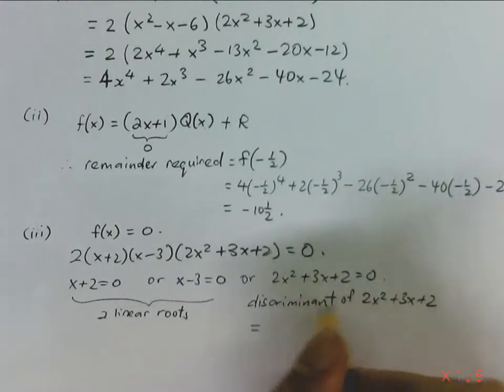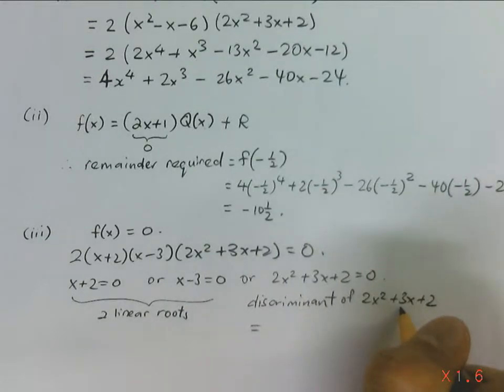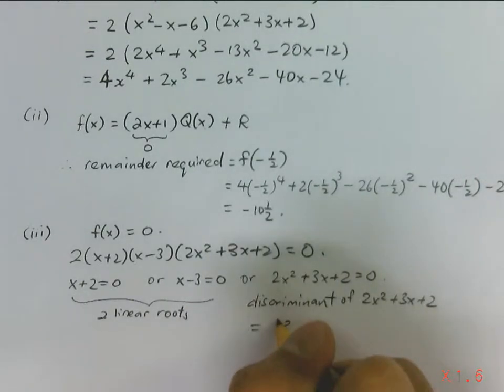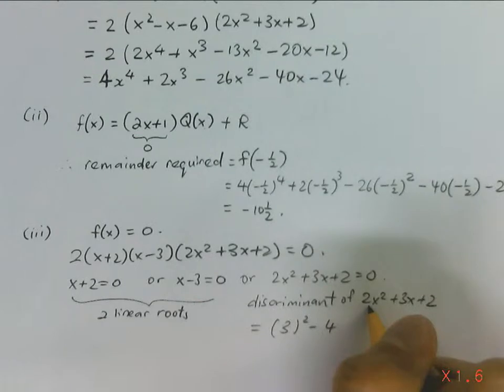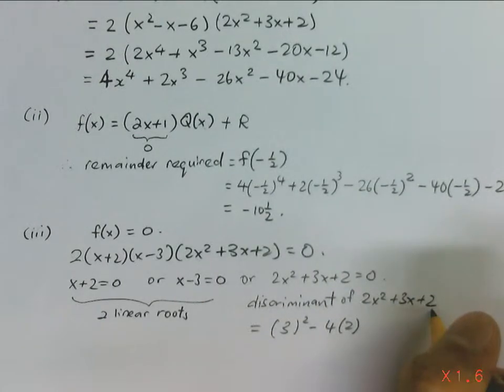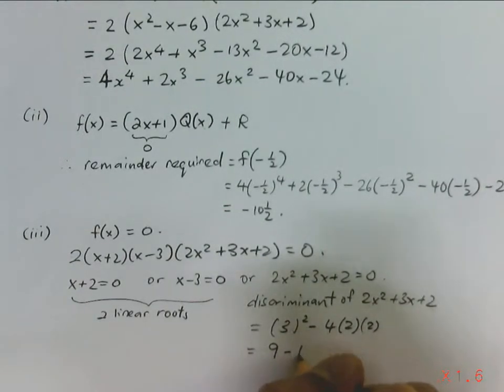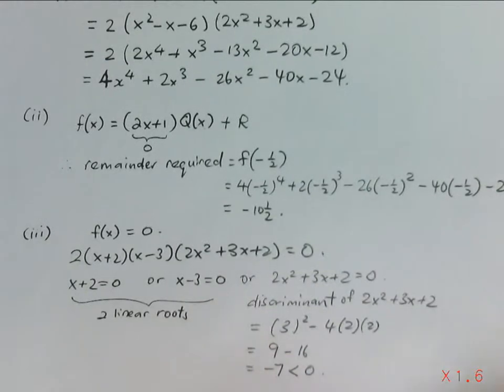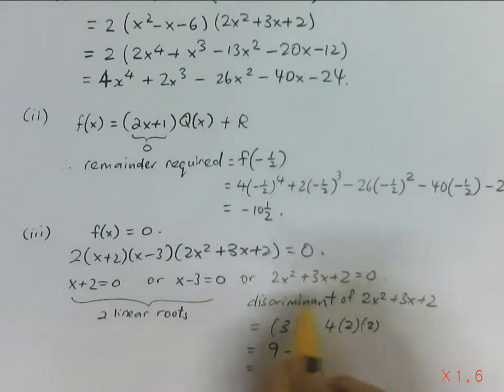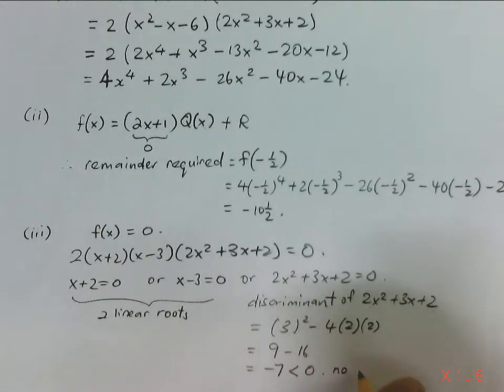So it will be b squared minus 4ac, which is 3 squared minus 4ac. Since the discriminant is less than 0, we can say that this quadratic equation gives us no real roots.